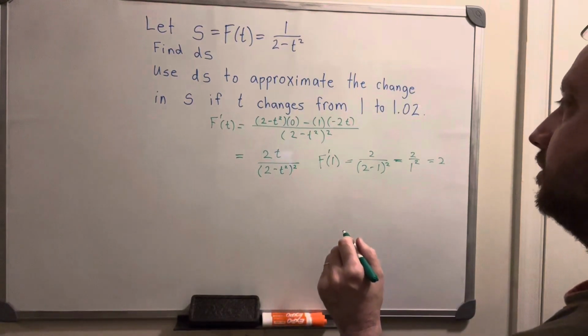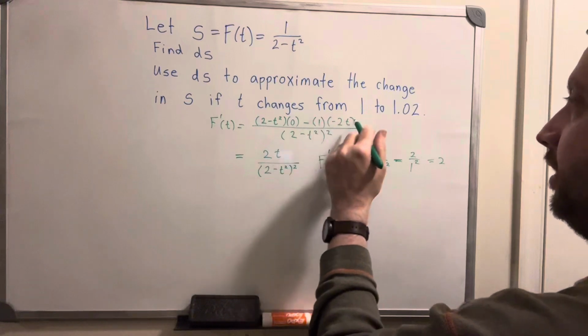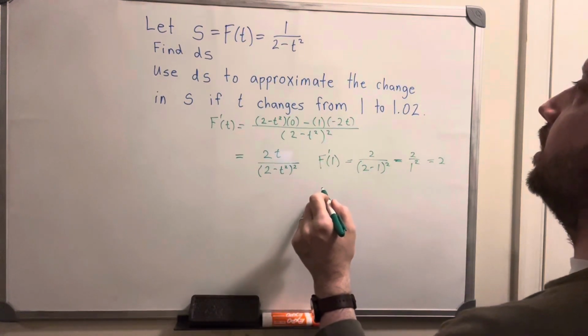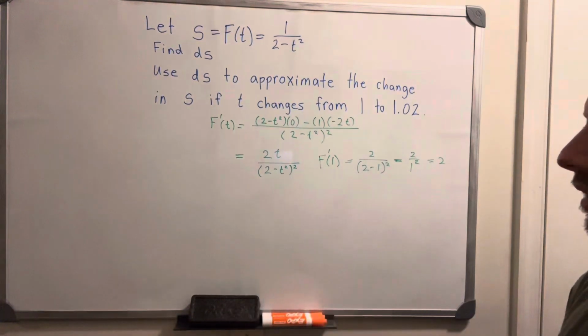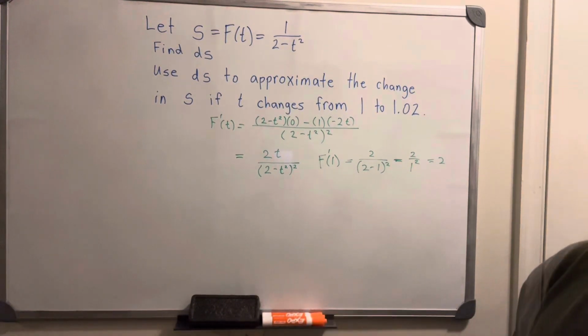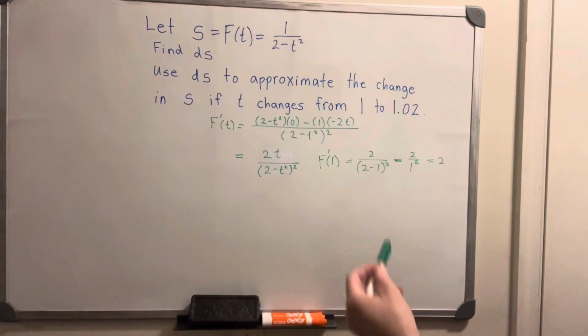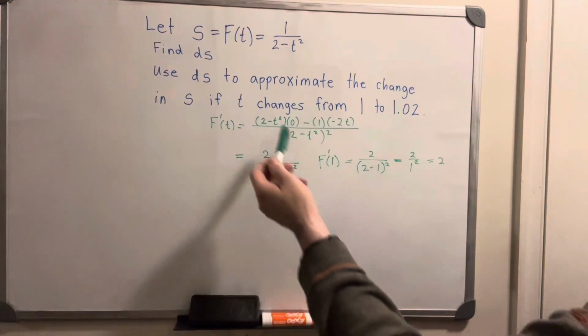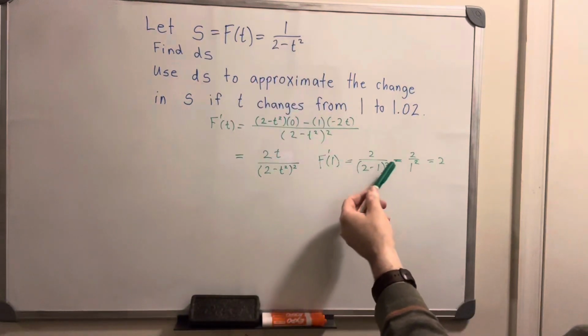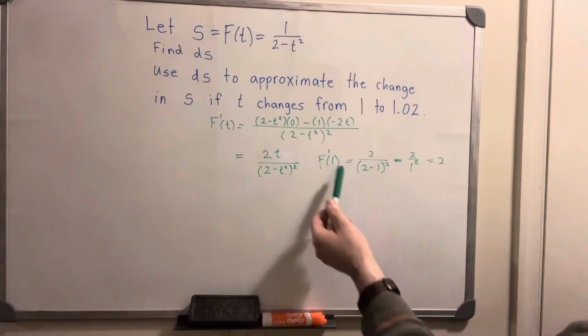Okay. Did I mess anything up right here? Check your answer, see if that looks right. Yes, I reasoned it out with myself. This function is increasing at the value of 1.